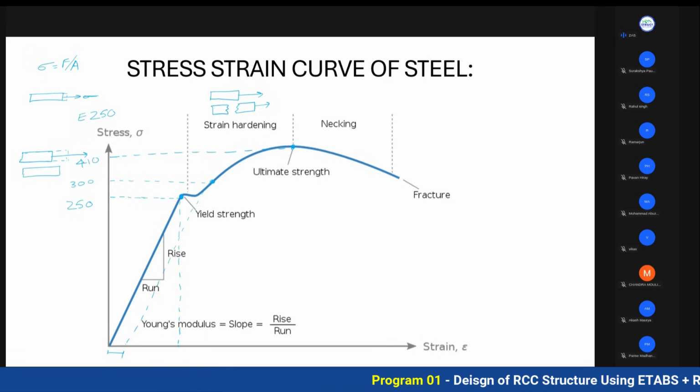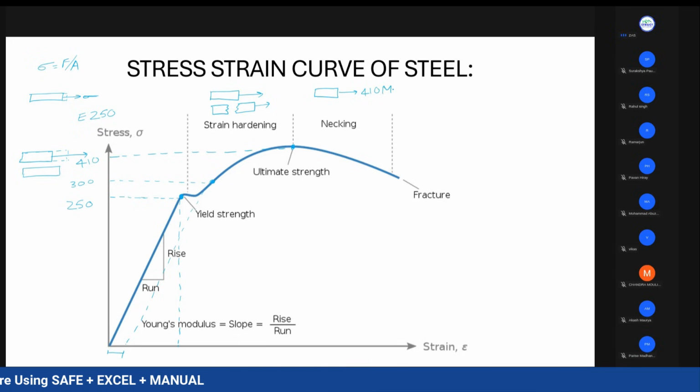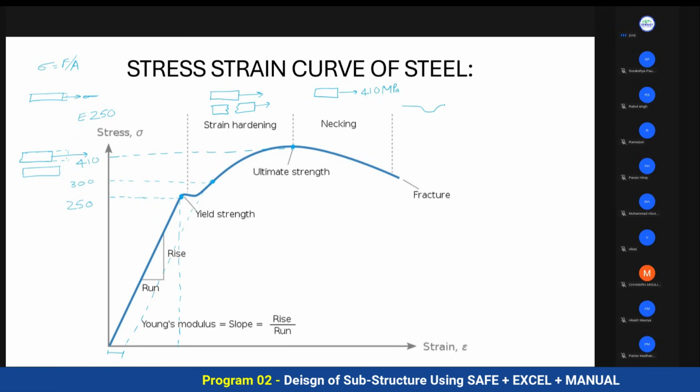This will just break. This is the ultimate strength of your member. But we have also studied that maybe this is your member. You have applied a force of 410 and then you removed your force. But still, because of the applied force, there was this kind of necking which was generated.